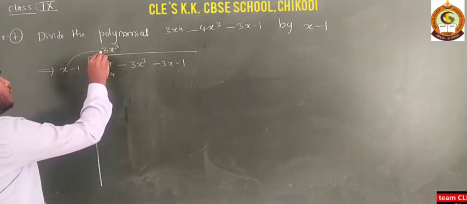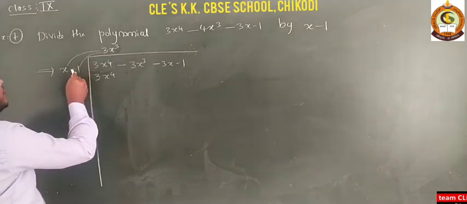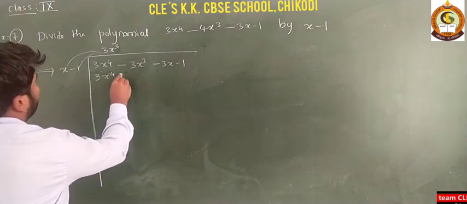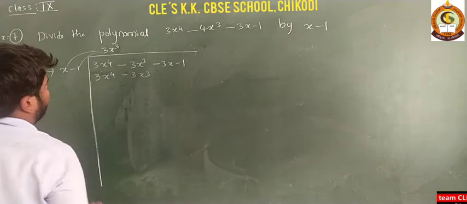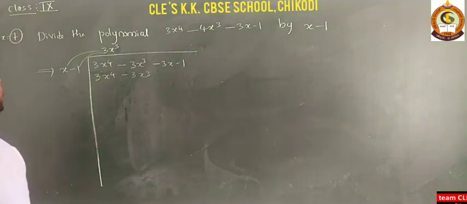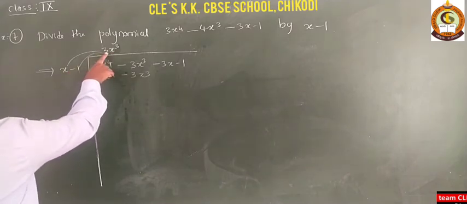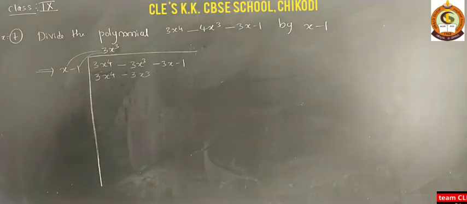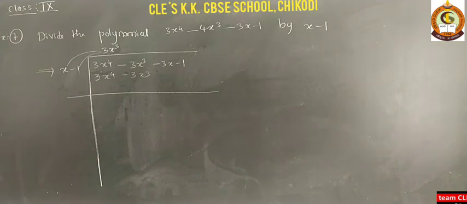Similarly, 3x cube multiplied with minus 1 gives minus 3x cube. So 3x cube times x is 3x raised to 4, and 3x cube times minus 1 is minus 3x cube. Now just observe here.